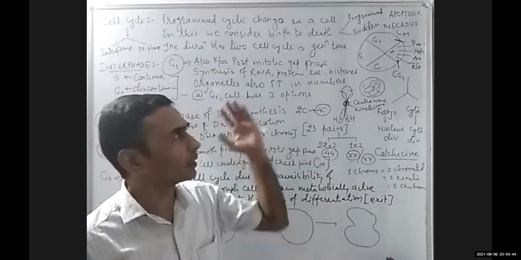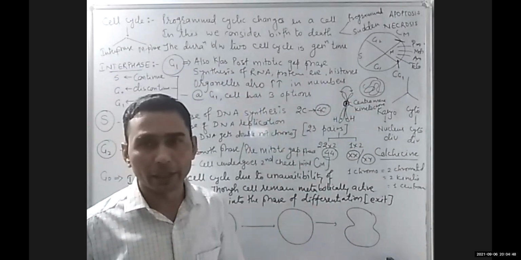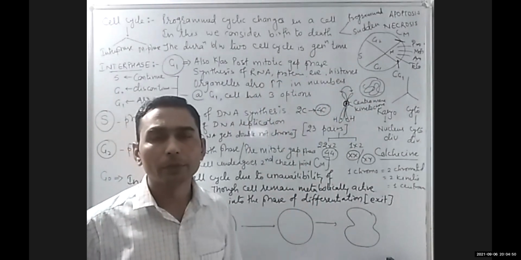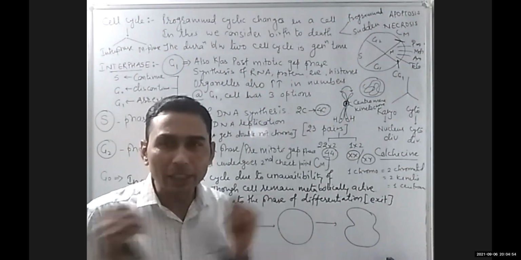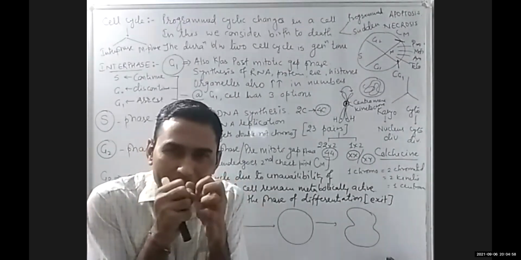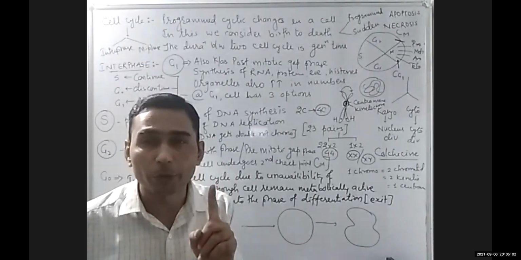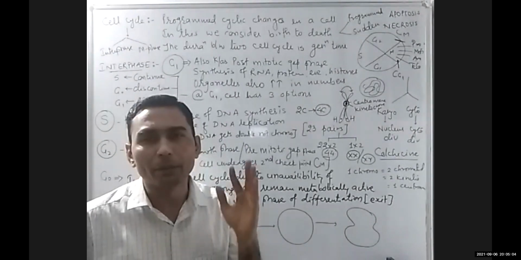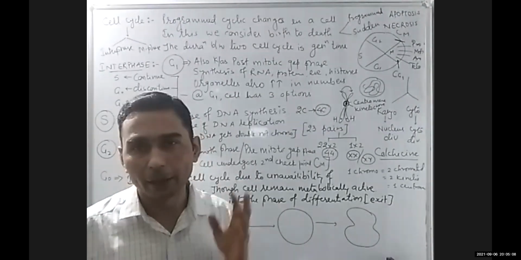Simple. Since it comes after the S phase, the content gets doubled, not the thread. So it is tough for the nucleus to accommodate such a big content. But still it tries to pressurize that material and the material gets condensed. So the first character of prophase is condensation of the chromatin material.